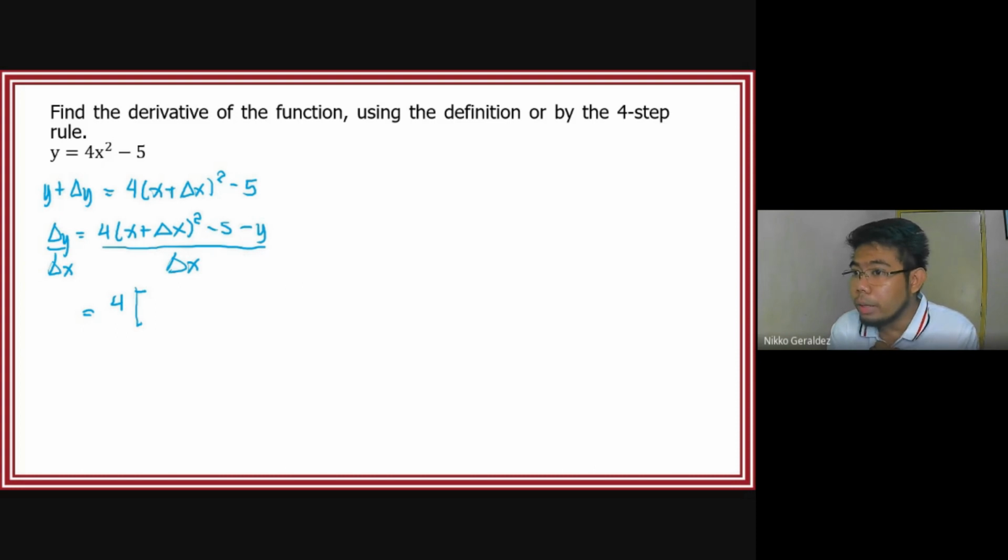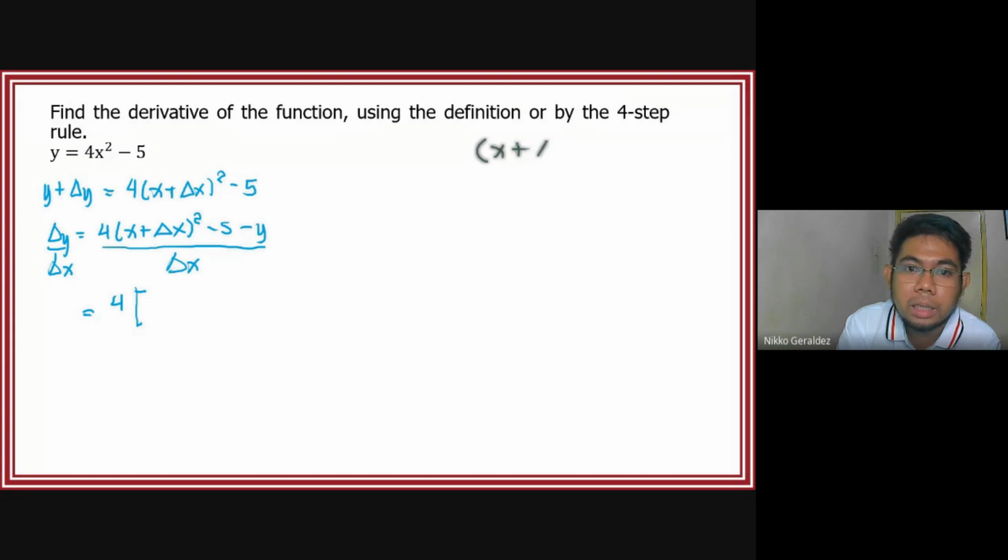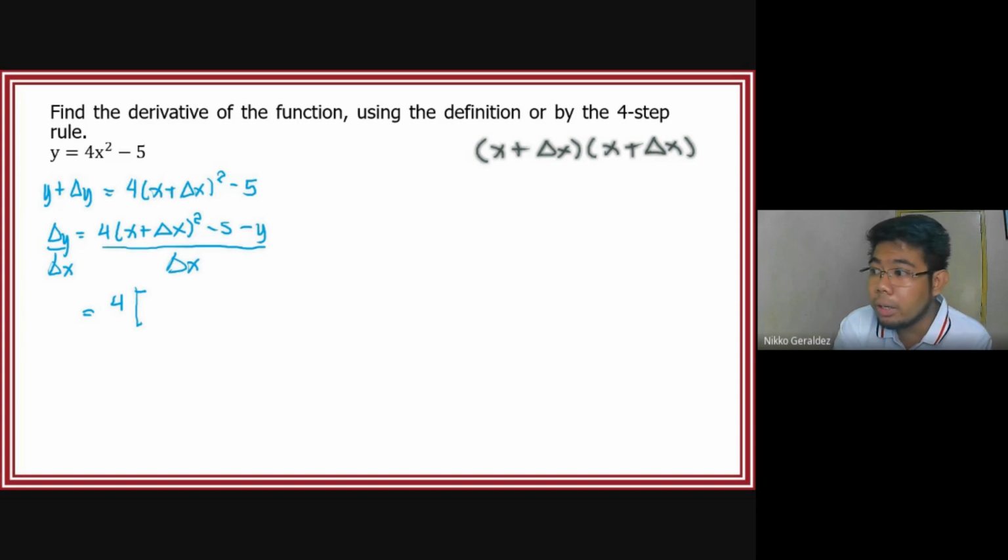It's a product of two binomials, so use the FOIL method. As taught by your teacher before, when you have binomials, use the FOIL method. First terms: x times x, that is x squared.